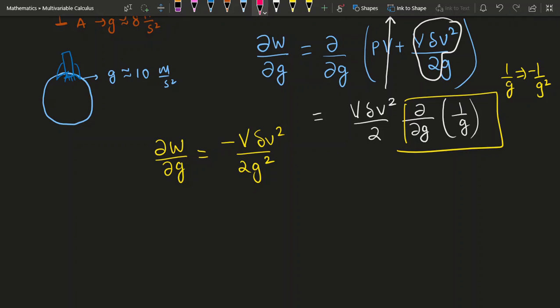Next, let's see what happens as you increase or decrease g at g equals 10 meters per second squared. So essentially, I'm taking the situation when the rocket's just at the Earth.